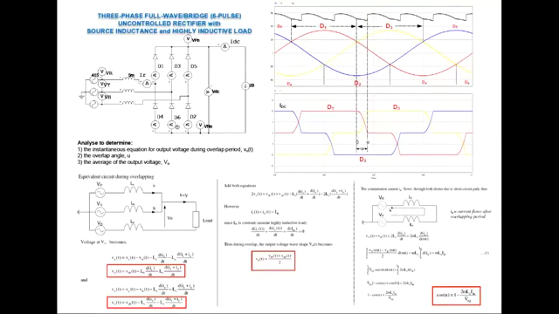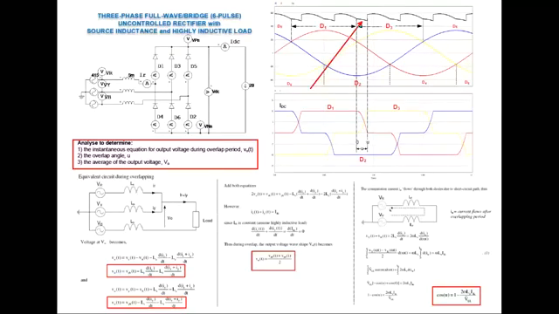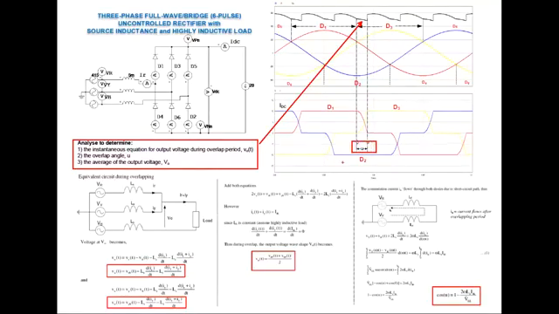There are three analyses, three objectives that we need to achieve. The first one is the instantaneous equation for the output voltage during the overlap period. Then we move to the equation for the overlap angle.